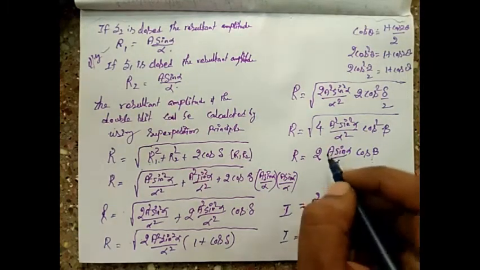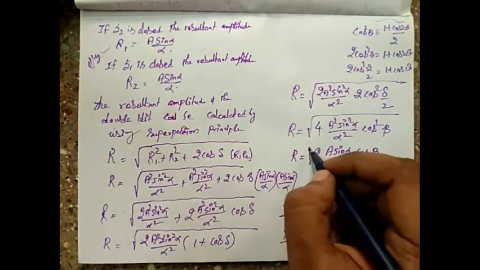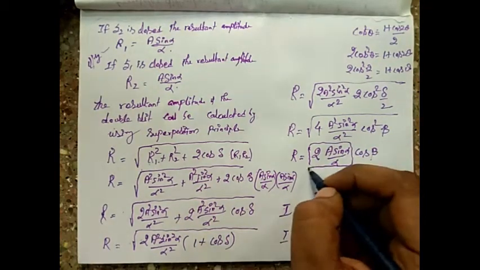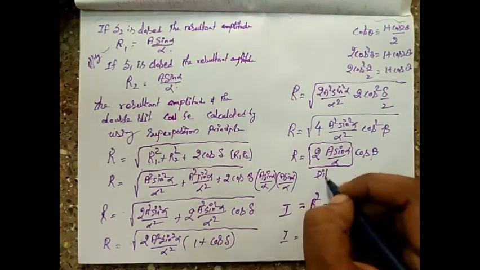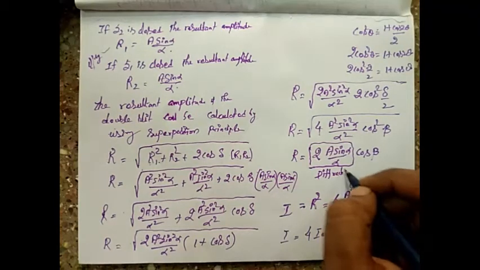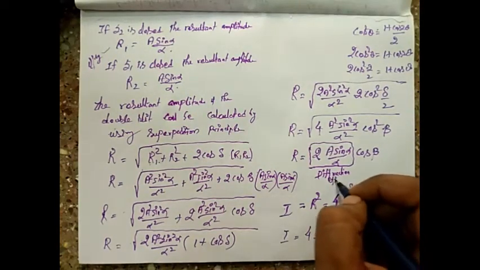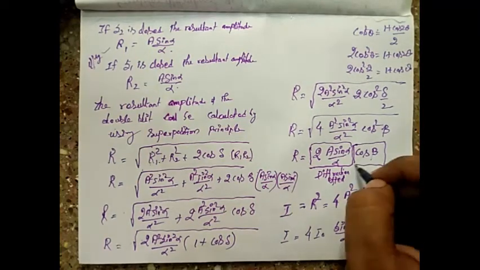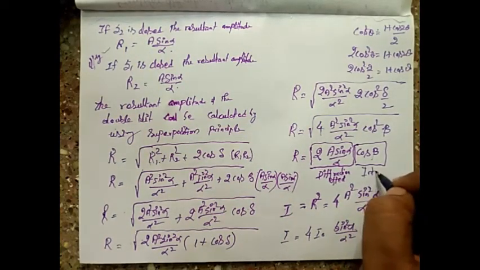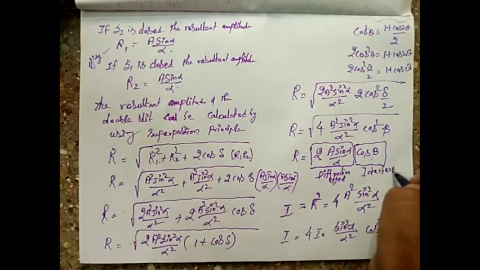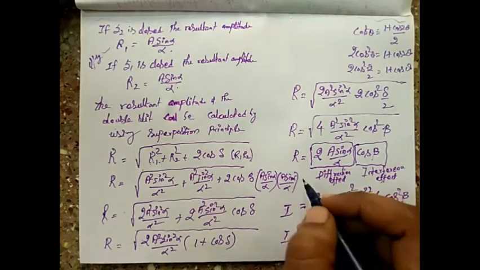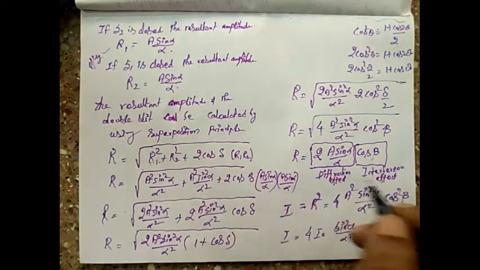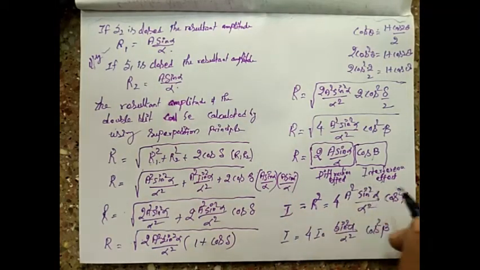So here this one is the diffraction effect and this one is the interference effect. So the resultant amplitude of the double slit depends on the diffraction effect as well as the interference effect.